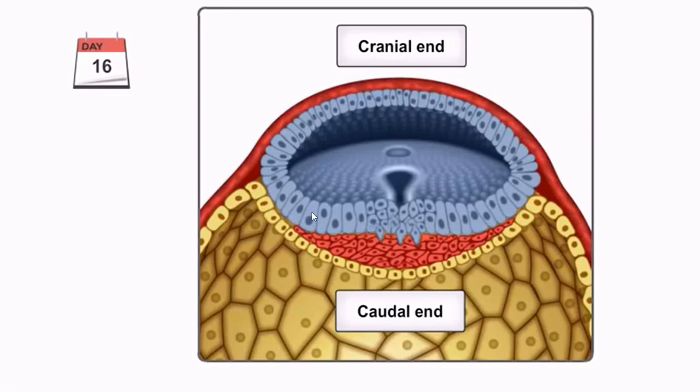In the future, ectoderm forms the epidermis of the skin, the uppermost layer of the skin, and also the nervous system. All the nervous system is ectodermal in origin. Also the oral cavity and teeth are ectodermal in origin. And some glands, some part of the thyroid gland, is also ectodermal in origin.